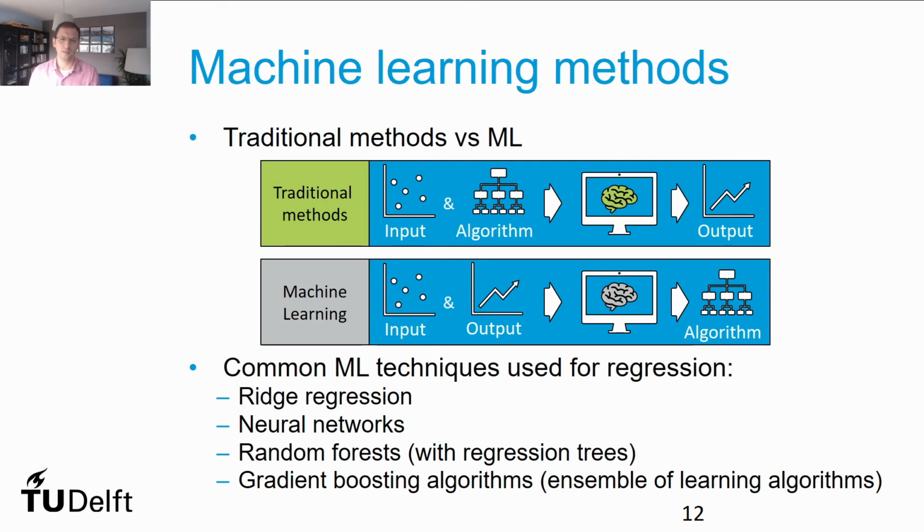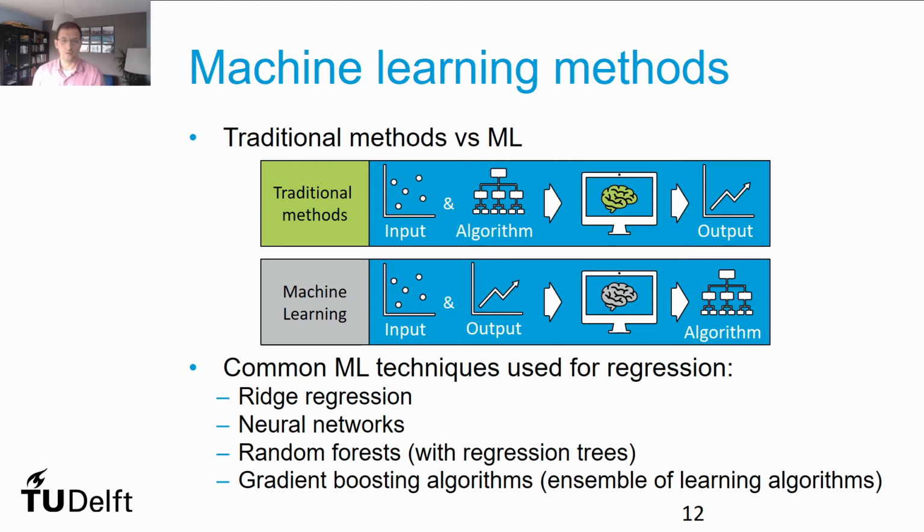In machine learning, we look more into matching the input and output, asking the computer to get an algorithm for us. We do use, of course, some structures, some techniques to define which type of algorithm we are looking for, but it's up to the computer to define the formulation of our algorithm.